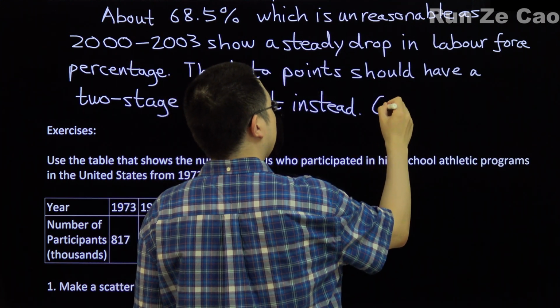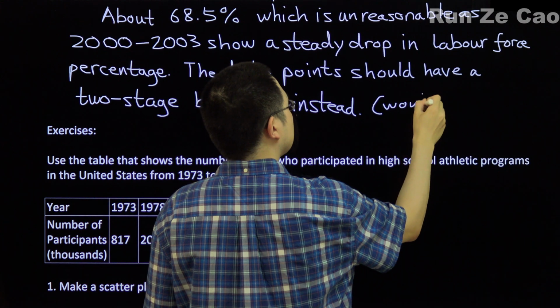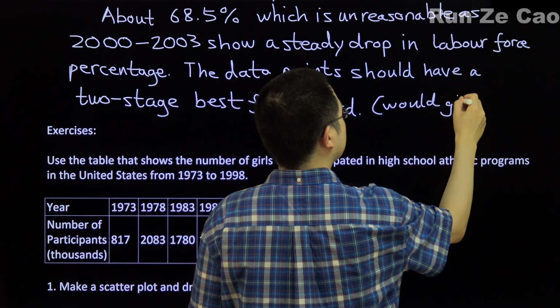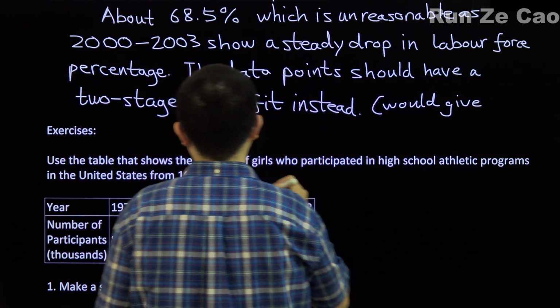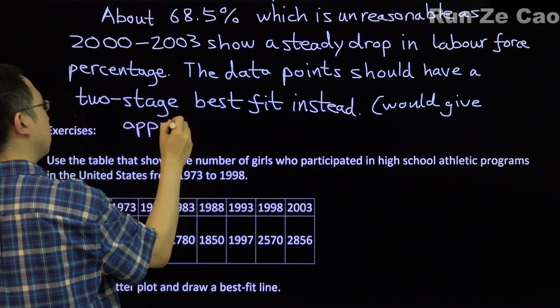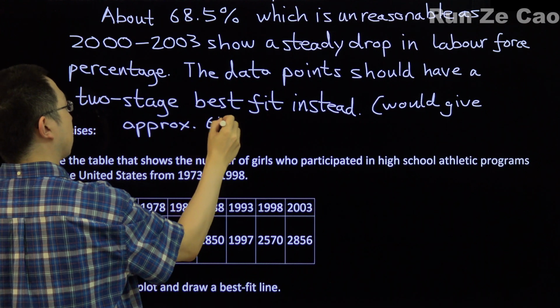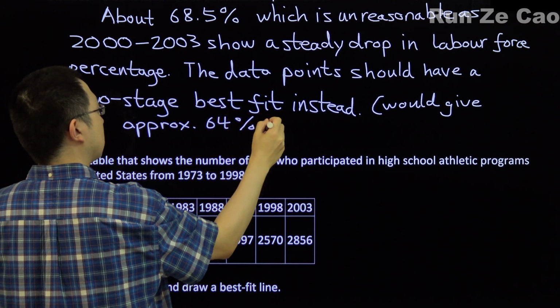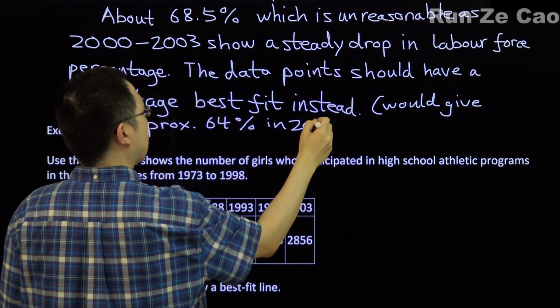And we might put a bracket. Would give approximately 64% in 2010.